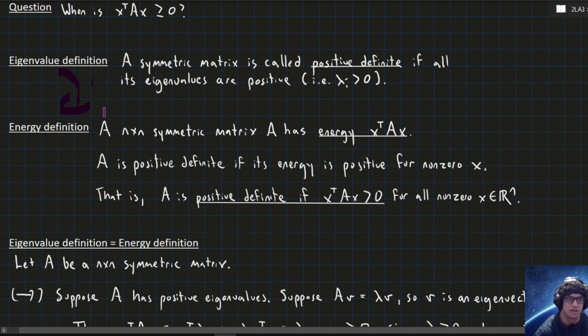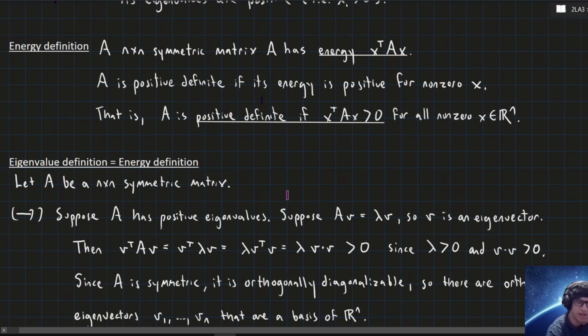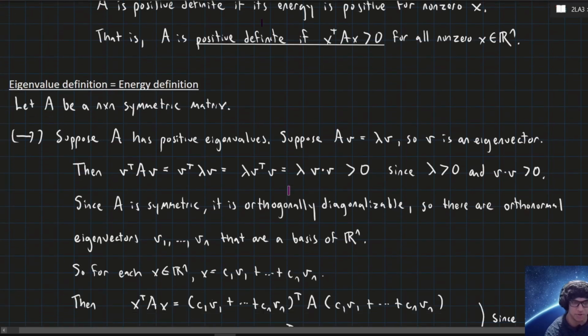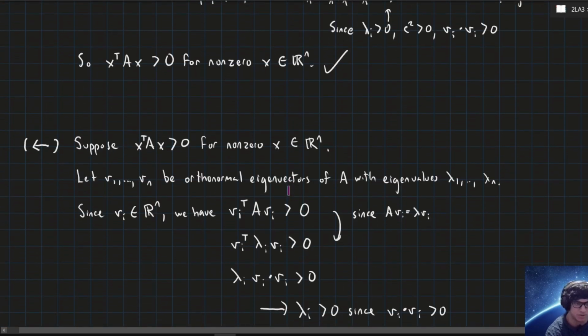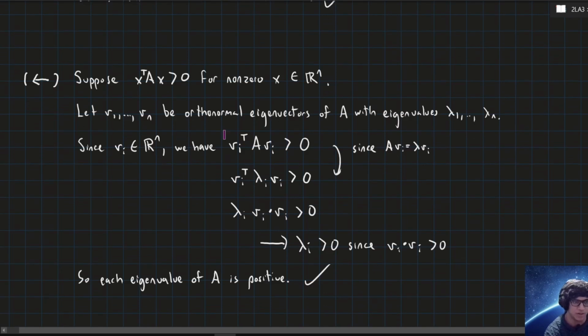Now we want to show the other way around. We want to show that the energy definition implies the eigenvalue definition. So we'll prove that now. It's a bit easier and shorter. So this is what it looks like. We're going to assume that the energy is positive for all non-zero x in Rn.